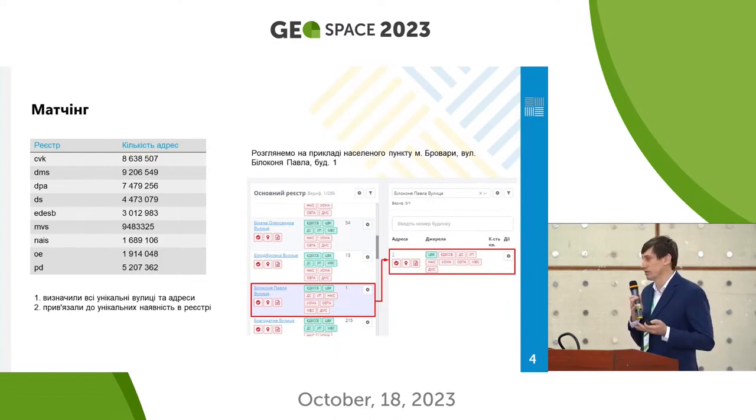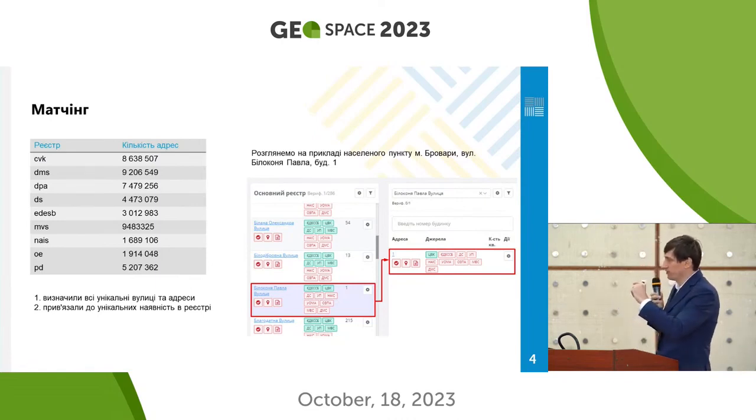All these, the names of the streets didn't match. Sometimes the same street had different names. So there was certain transformation, and we have the consolidated single register of streets and addresses, and you see opposite every name whether it's present or not in the register.